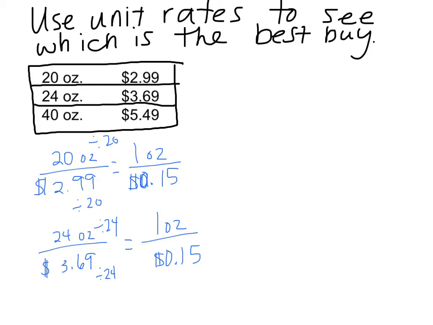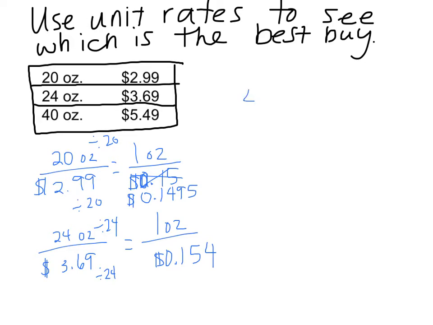So this one I still have on my calculator, it's 0.154. And if I go back and do 2.99 divided by 20, I get 0.1495. And so then I can actually see that that one is actually a little bit lower.